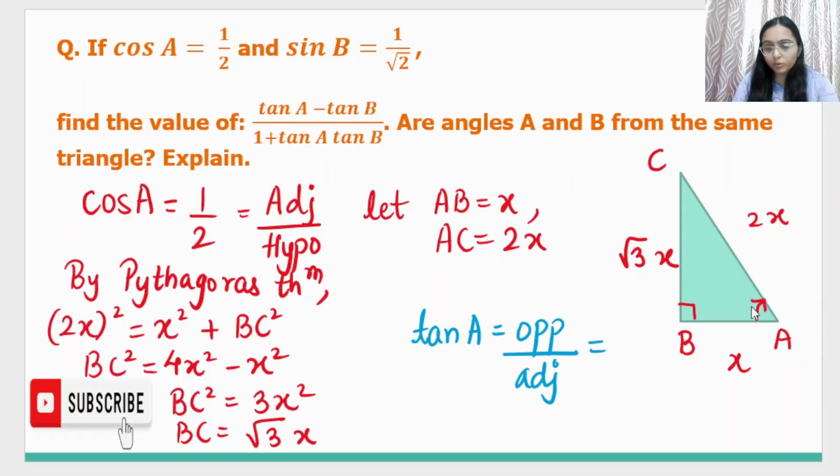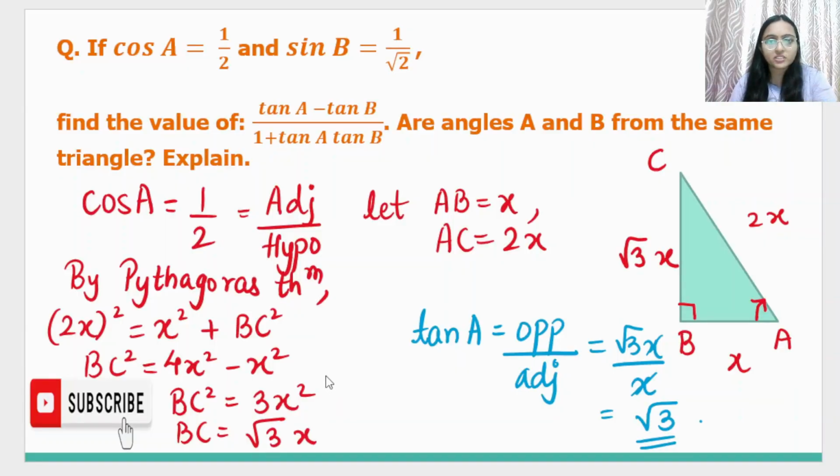So from here opposite to A is root 3 x, adjacent is x. So x gets cancelled. Tan A we got is root 3.